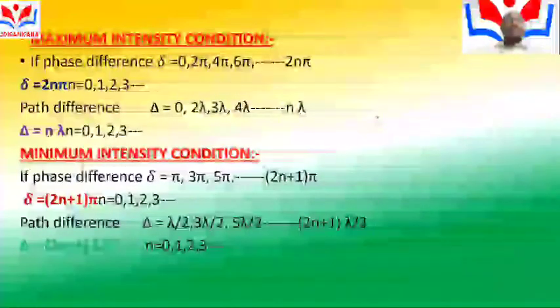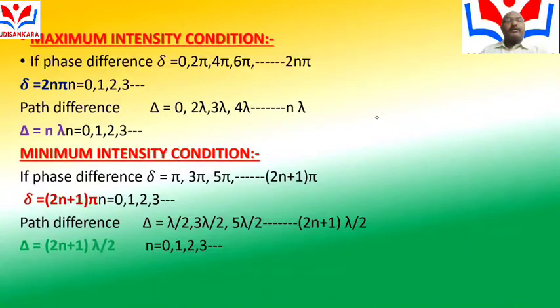The maximum intensity condition is when the phase difference delta is equal to 0, 2 pi, 4 pi, 6 pi, and so on. That means it is 2n pi, where n equal to 1 gives 2 pi, n equal to 2 gives 4 pi, n equal to 3 gives 6 pi, and so on.